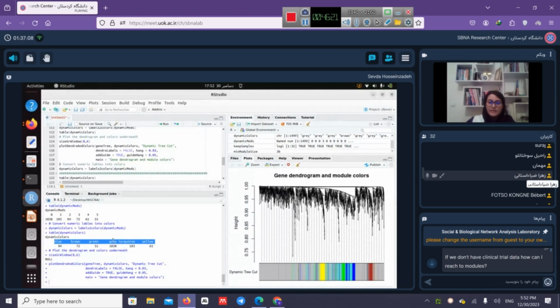The gray shows some genes that don't have any connectivity with each other and aren't in a subset of our modules. And therefore we have 5 modules based on this analysis: blue, brown, green, turquoise and yellow. And all of the unconnected genes are shown in gray.